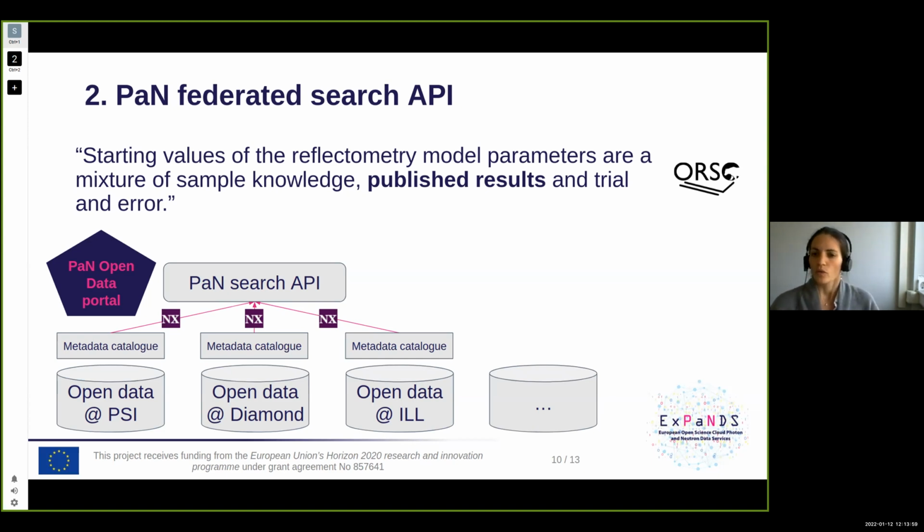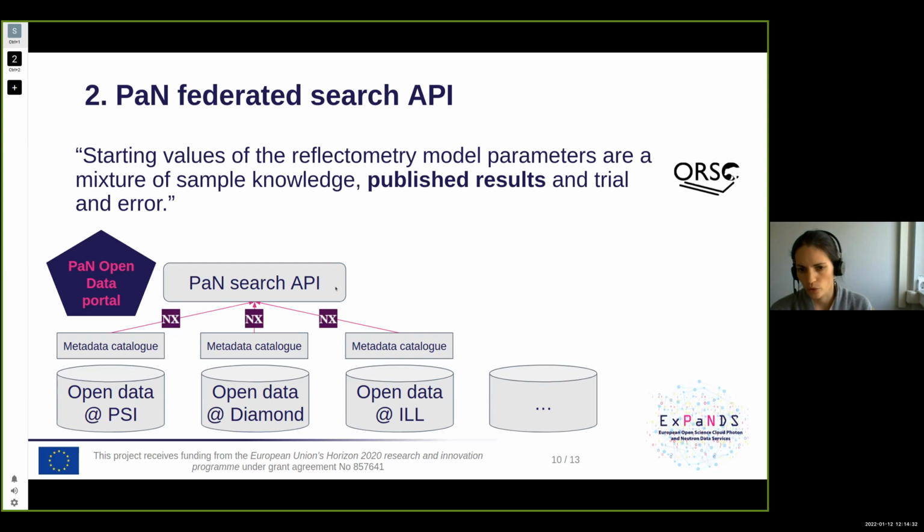And what we developed in Expanse that can help with the published results, meaning what has already been done in the community, so that it's easier to pick the starting values, is the federated search API, which is one central point that can look into the metadata catalogs of each of our partner institutes and gather the results into a single entry.